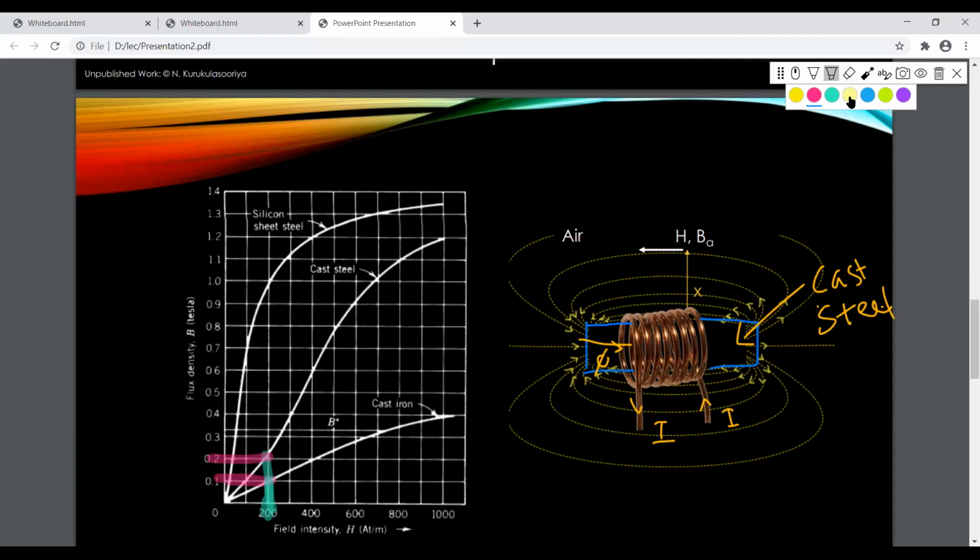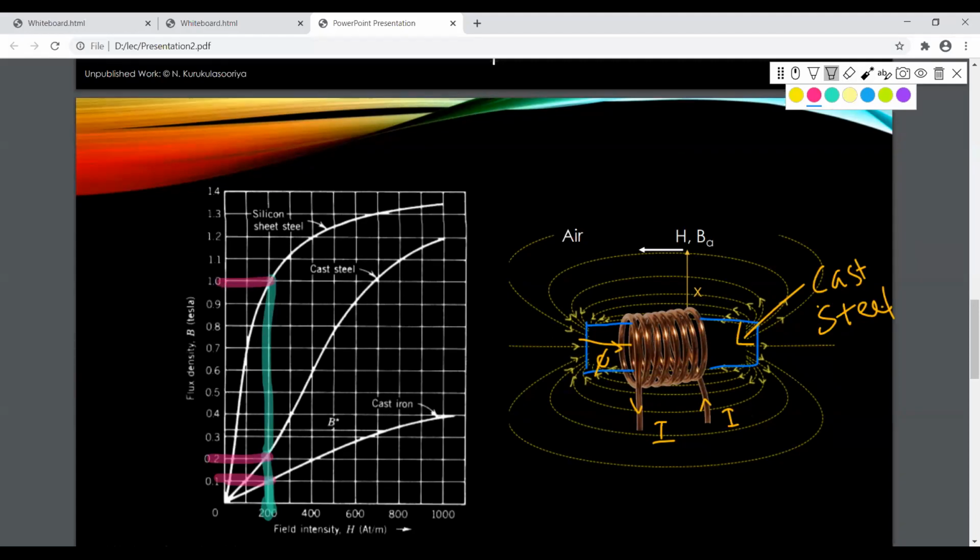And instead of both this cast steel and cast iron, if you include a plate made of silicon sheet steel, you would get a really high amount of magnetic flux density, which is 1 Tesla, right?